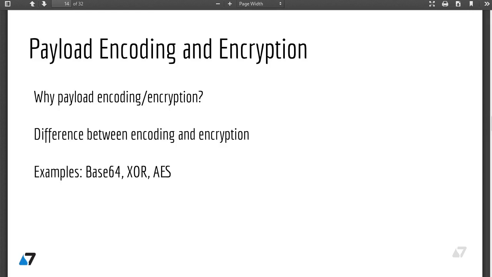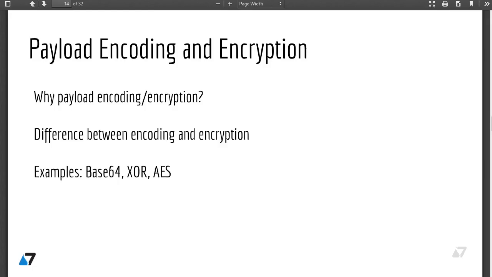Most people think that XORing data is encoding, but if you take the definitions I read earlier, it's clear that XOR is encryption, because to reverse the transformation you need a key, even if it's just 1 byte. And by the way, XOR is used in many cryptographic operations and algorithms.